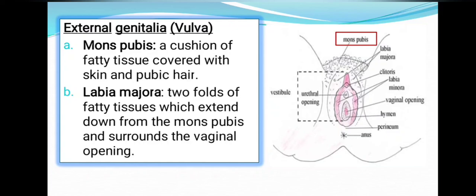The next part is the labia majora. You can see here is the labia majora. It is 2 folds of fatty tissue which extend down from the mons pubis and surround the vaginal opening. And the other part of the vulva is the labia minora.